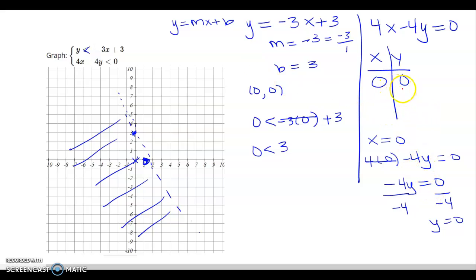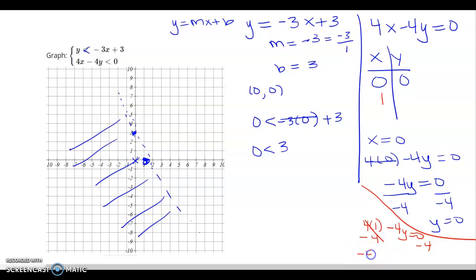Okay. Now we're going to have to choose just another random point. Let's go ahead and choose 1. Let's just do 1 for x. I switched colors so we can kind of keep our two lines separate. So I get 4 times 1 minus 4y equals 0. So that's 4, subtract it from both sides.